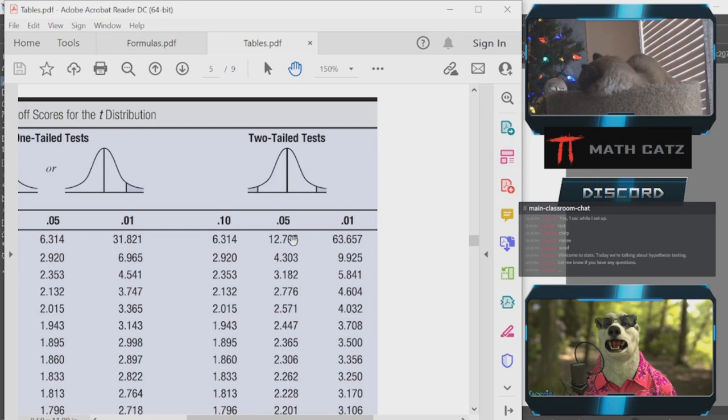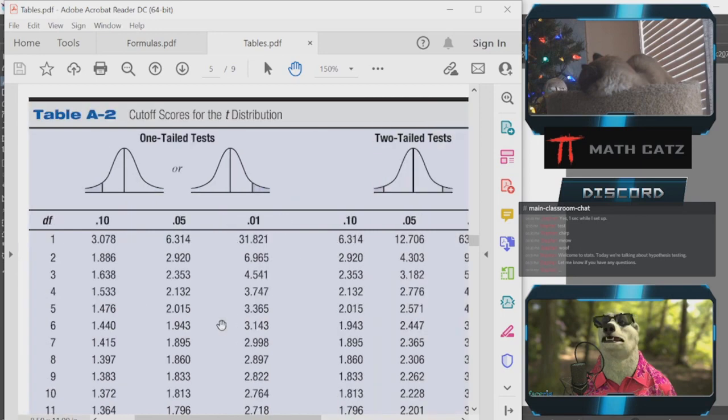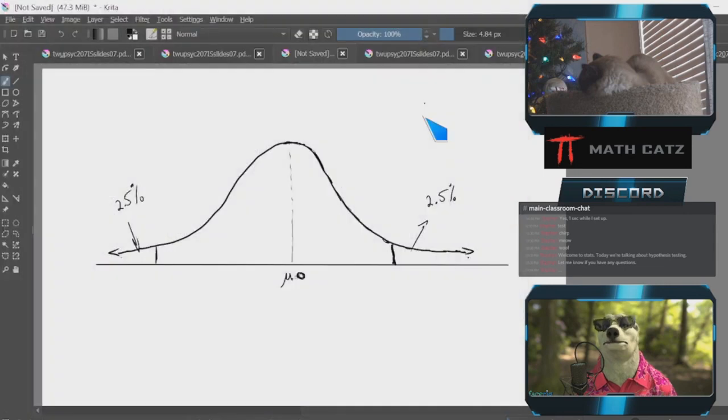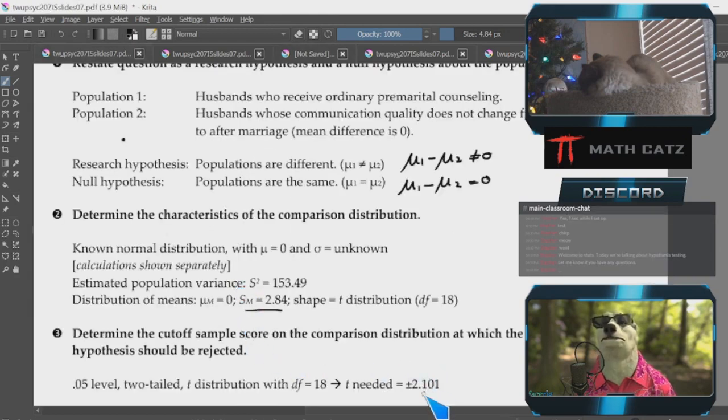Now I have to see what the degrees of freedom was. It was 18, right? 18, and I get here 2.101, and negative 2.101. That was on the slide. Good.